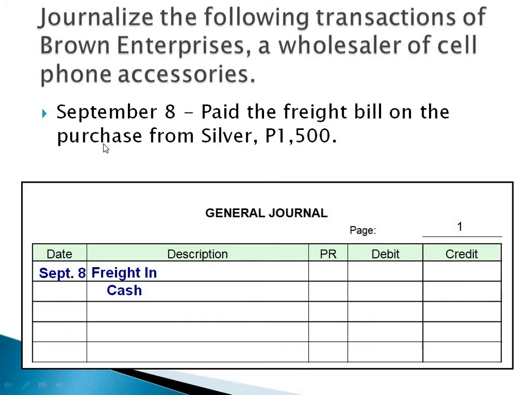When Brown purchased or bought the merchandise, inventory went in to Brown Enterprises. So freight must be freight in, not out. For 1,500. The amount also of the cash paid by Brown. Then, explanation.